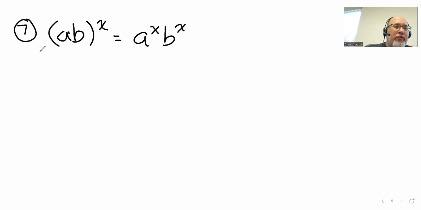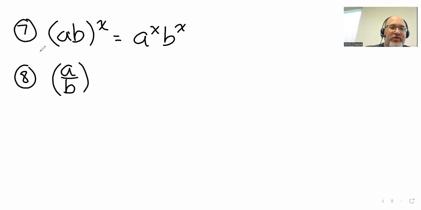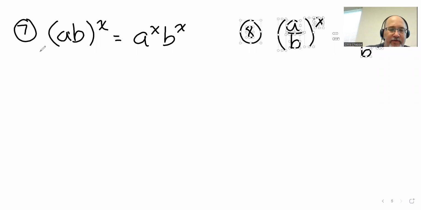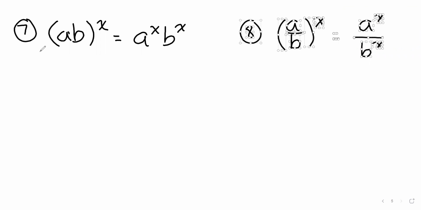And I'm going to go ahead and put rule number 8, which is the same rule except for division, meaning if you divide two numbers, so they look like a fraction, and raise the result to a power, we'll call the power x, you can distribute the power across that division sign. In fact, I want to grab all of the second one that I wrote and move it over to the side here. I'll turn my video off so that I don't block the rule. But both of these pretty much say the same thing.